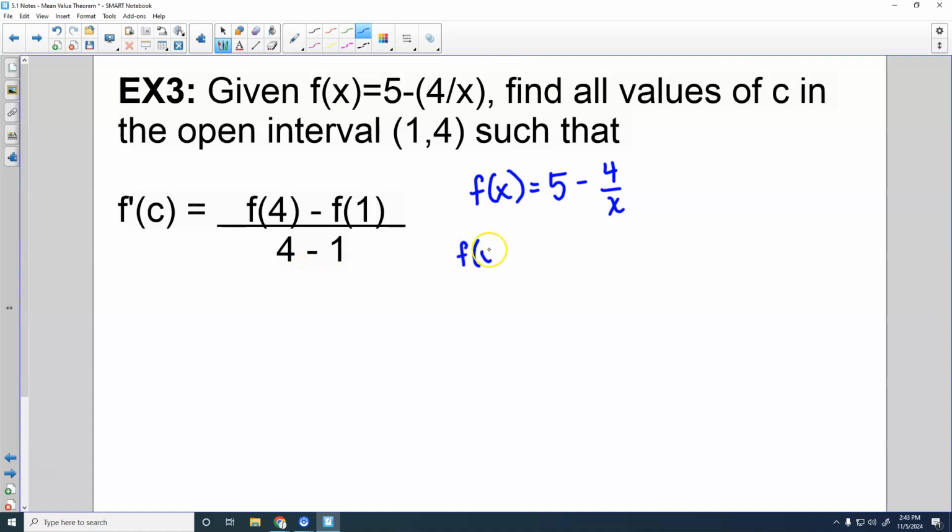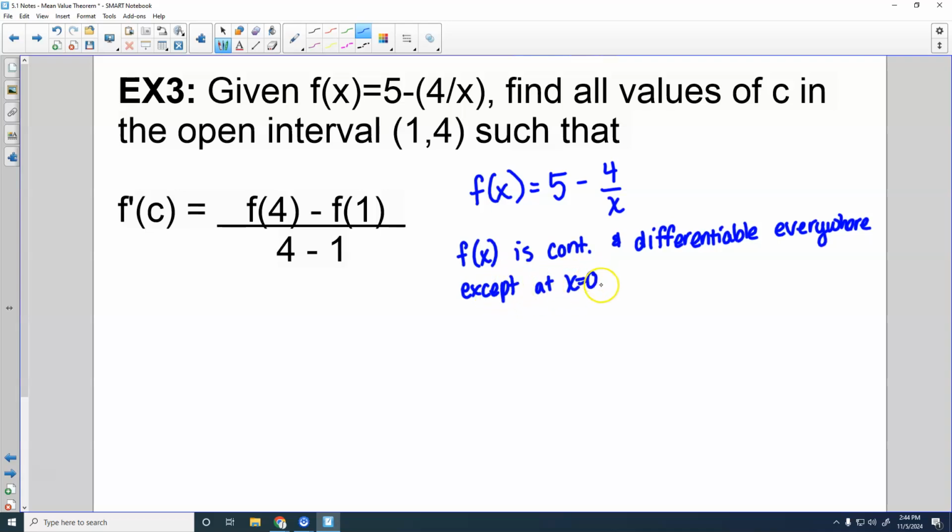f of x is continuous and differentiable everywhere except at x equals 0, since 0 is not on the interval.